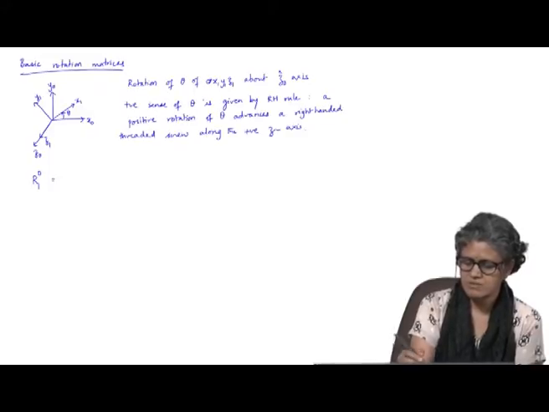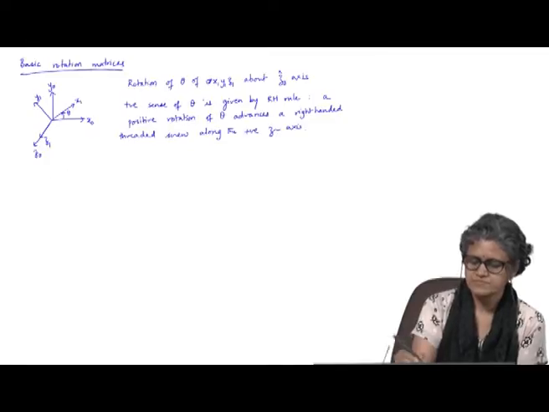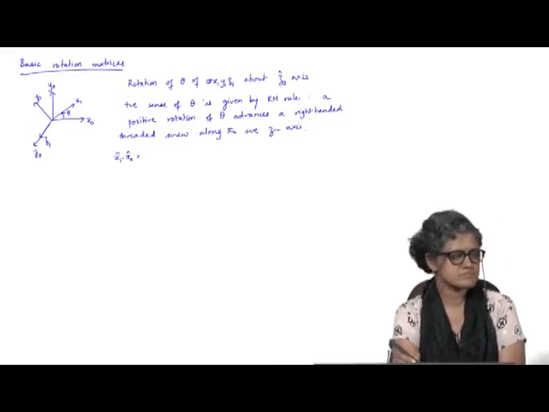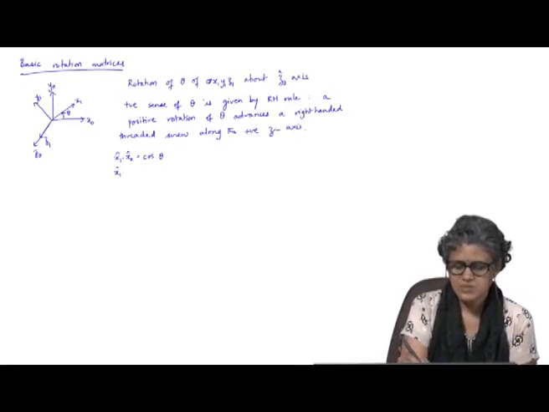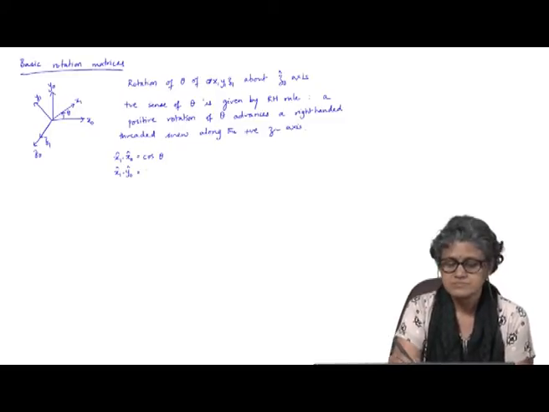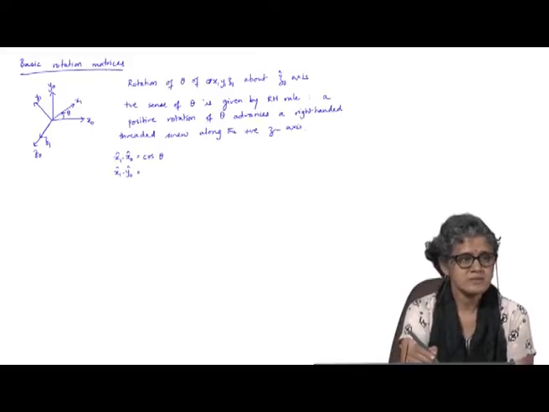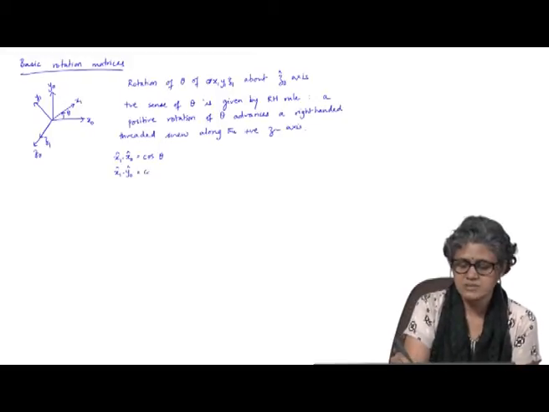What are your direction cosines? What is x1 dot x naught? Cos theta. x1 dot y naught is the angle between x1 and y naught is 90 minus theta, which is sin theta.